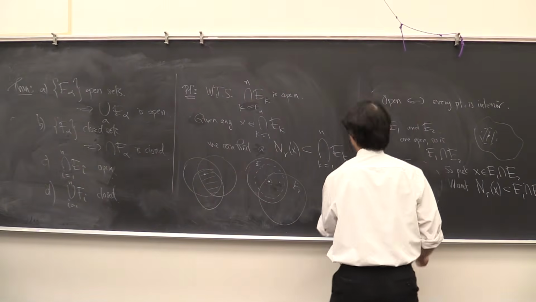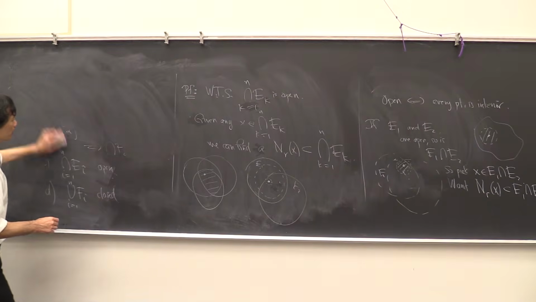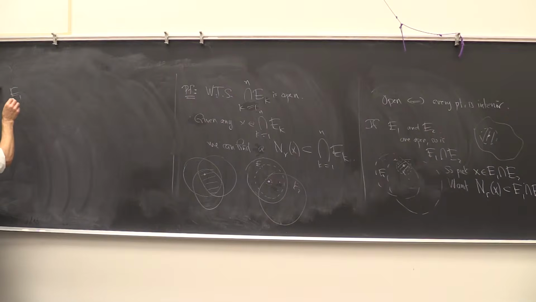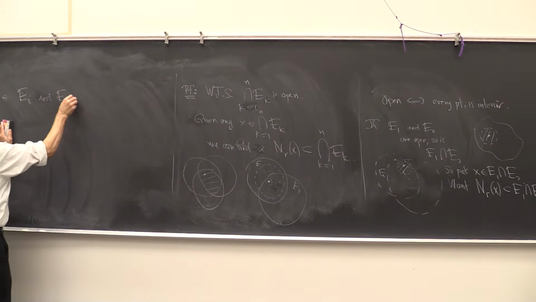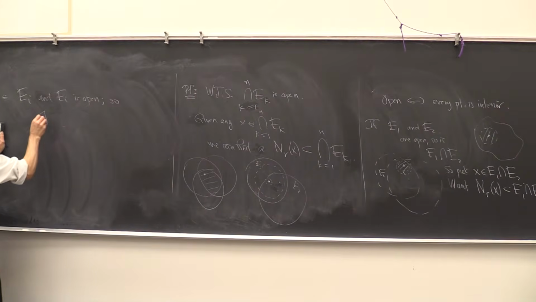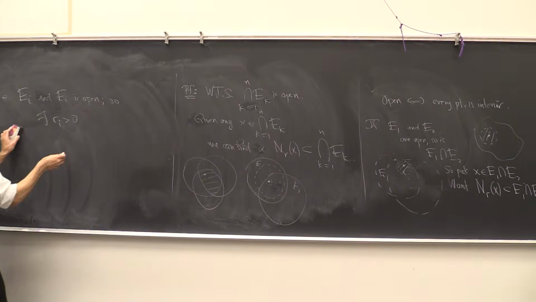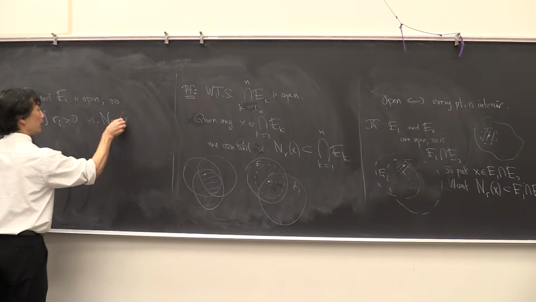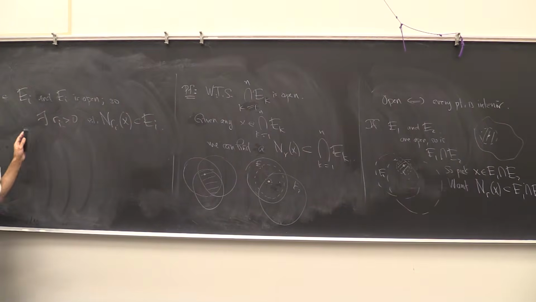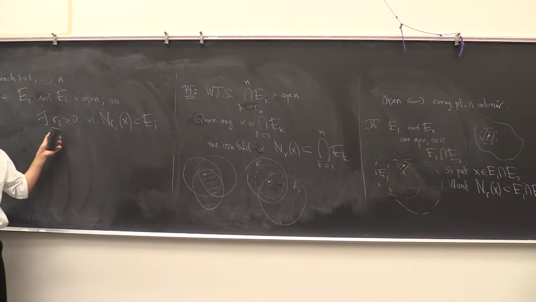So let me write it in full generality here. Ei open, x is in Ei, and Ei is open. So there exists a radius Ri such that the neighborhood N(Ri, x) is contained in Ei. For each i from 1 to n, x lies in each of those sets, each of which is open, so there's a radius that works for that point and that set.